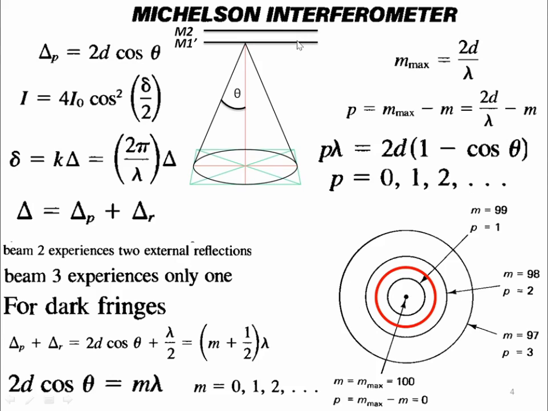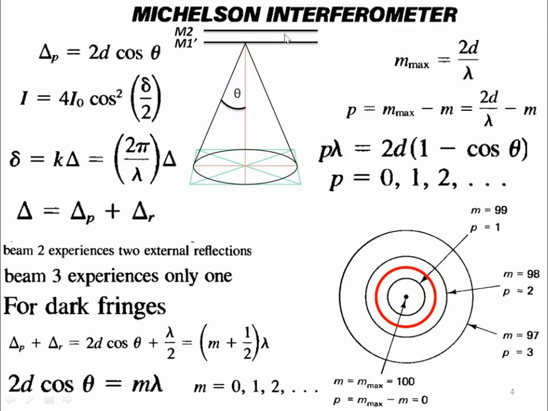But the moment it crosses this point, what will happen? They will reverse their direction. If this mirror M2 goes beyond this point, now d is increasing rather than decreasing. Earlier d was decreasing, so theta was increasing and the fringes were moving outward.